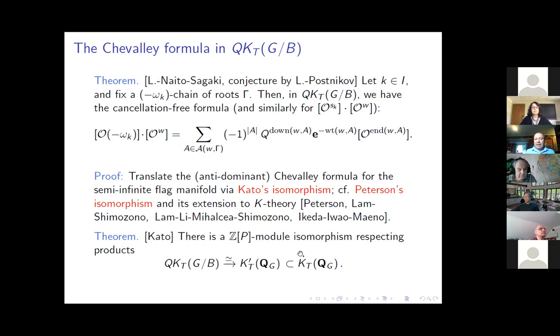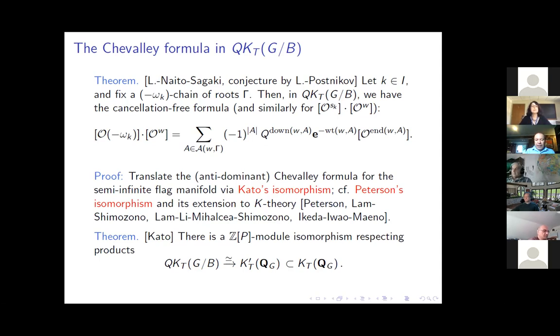This is in line with the so-called Peterson isomorphism, which is a similar relation between quantum K-theory or quantum cohomology on one side, but on the other side you have K-theory and usual homology of the affine flag manifold, or affine Grassmannian, better said.